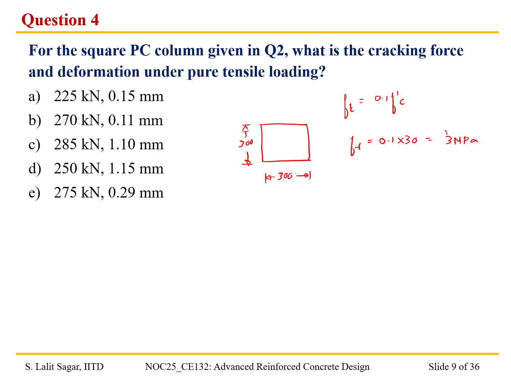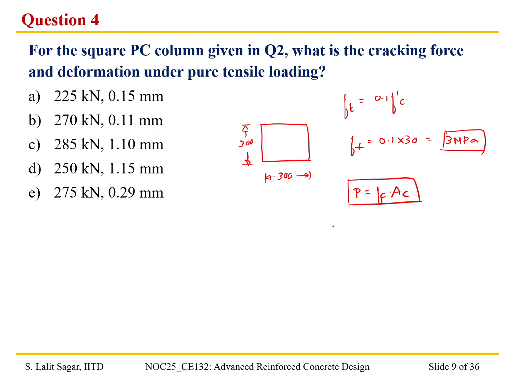So from this value of stress, we can easily determine the force corresponding to cracking. Again, whether the column is in compression or tension, the basic equation remains the same. P is equal to Fc into Ac for this plain concrete column.